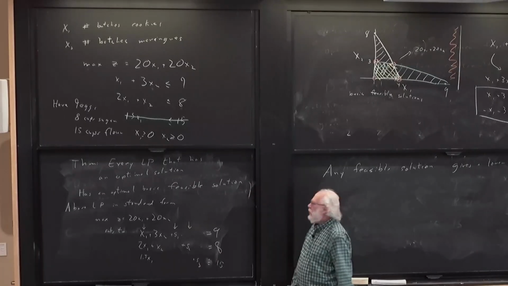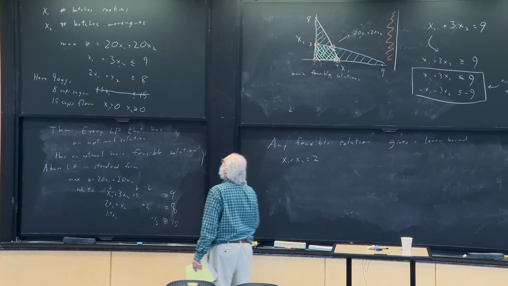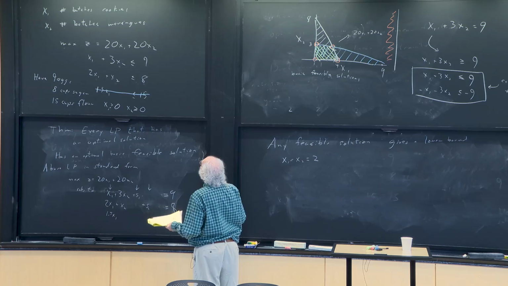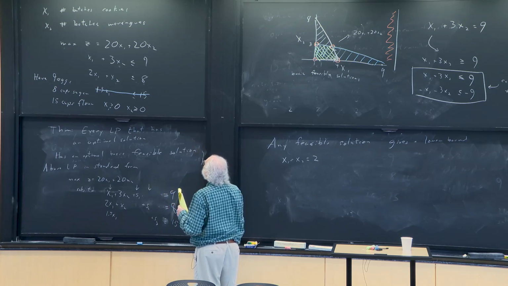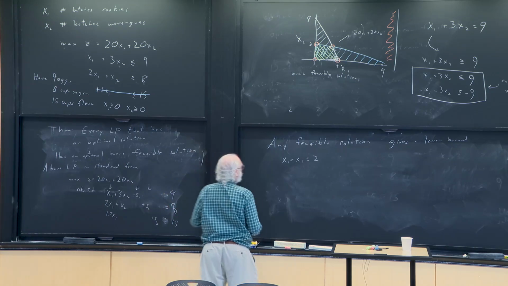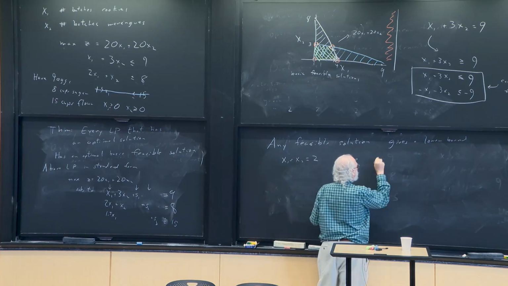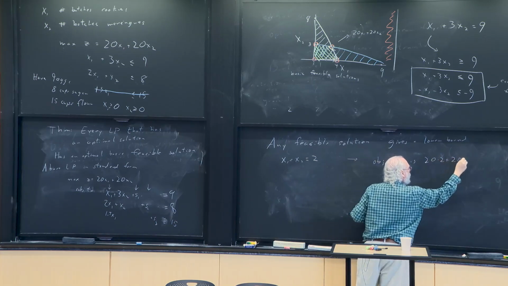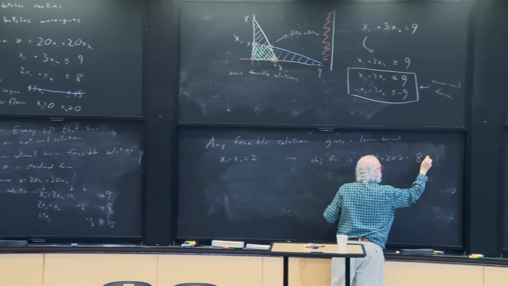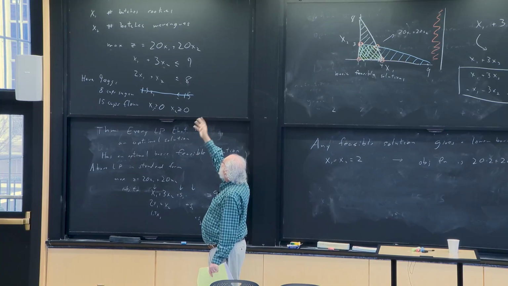That satisfies all the constraints. 2 plus 6 is 8, and 4 plus 2 is 6, and those are satisfied. And the objective function is 20 times 2 plus 20 times 2, which is equal to 80.